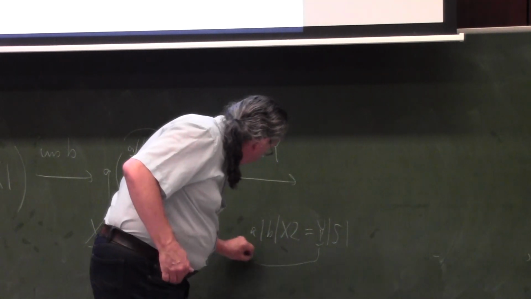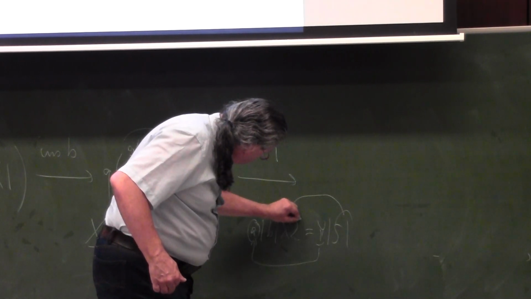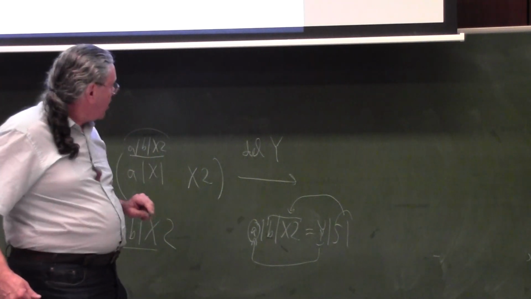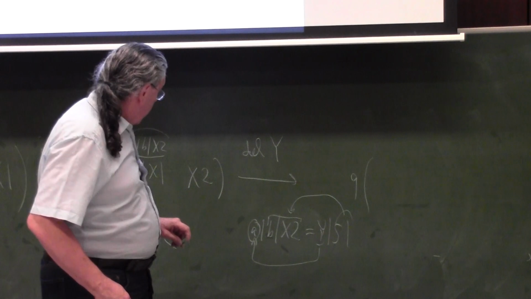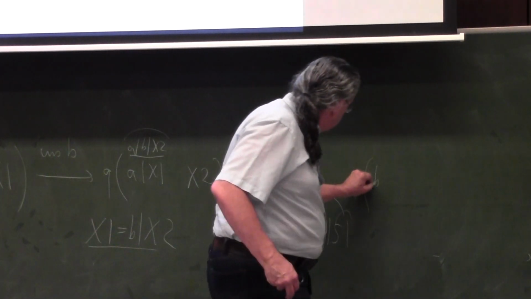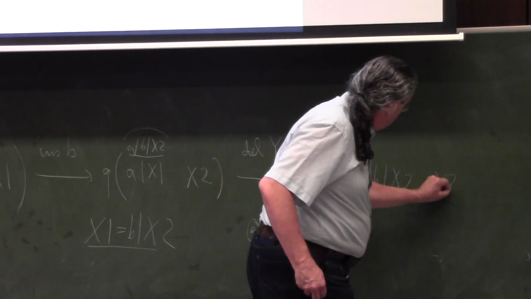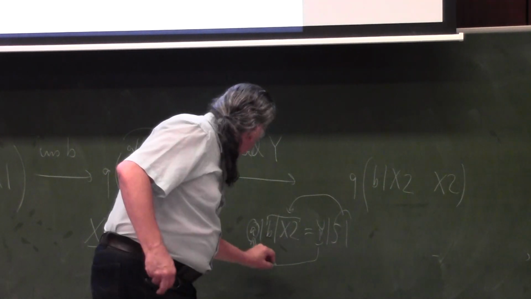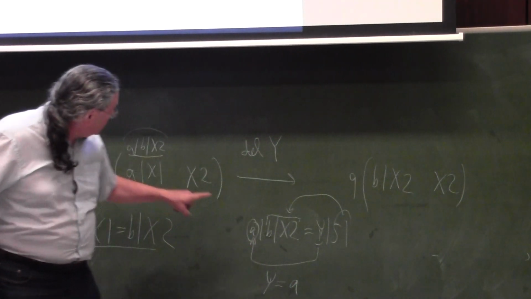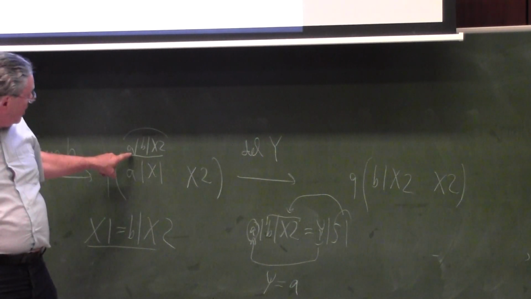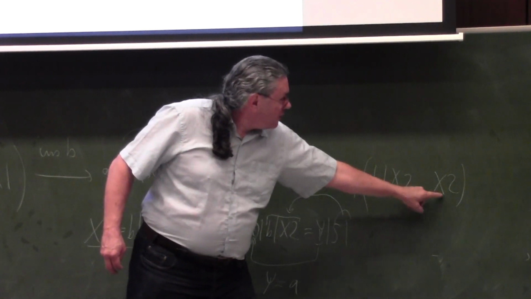Y is going to be equal to A, and S1 is going to be equal to B X2, and X2 is not changing. So I've removed the first element A, and the new difference list is B X2, X2.